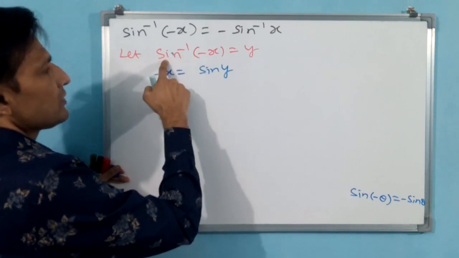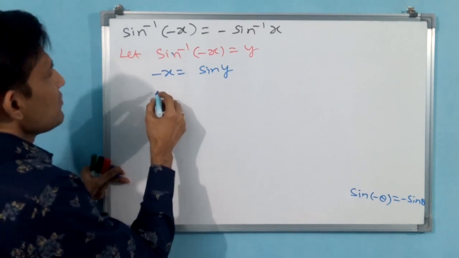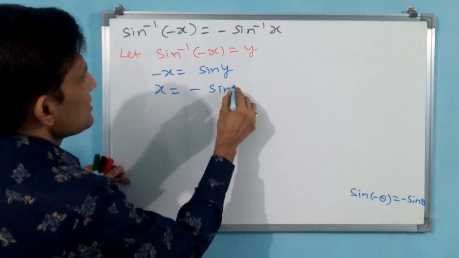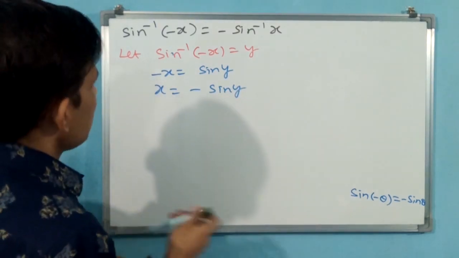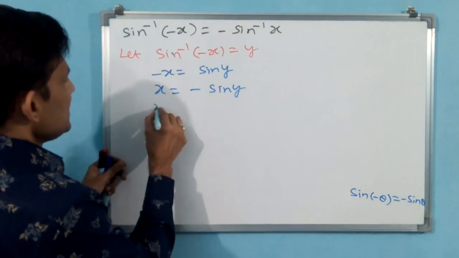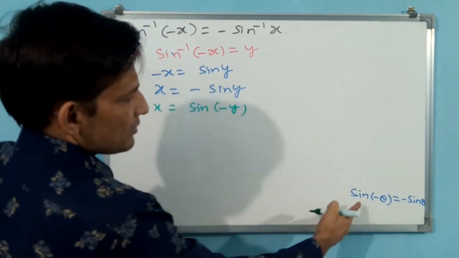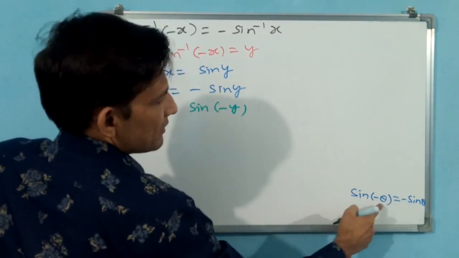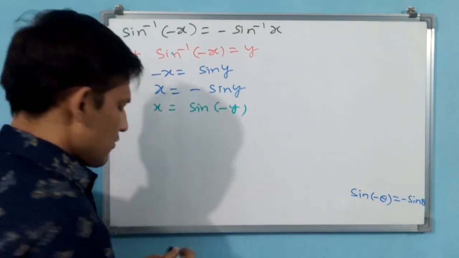Because sin inverse goes to the other side and becomes sin. Again, x is equal to minus sin y. Is it correct? Again, x is equal to sin of minus y. Why? Because minus sin theta is equal to sin of minus theta. I have made it.